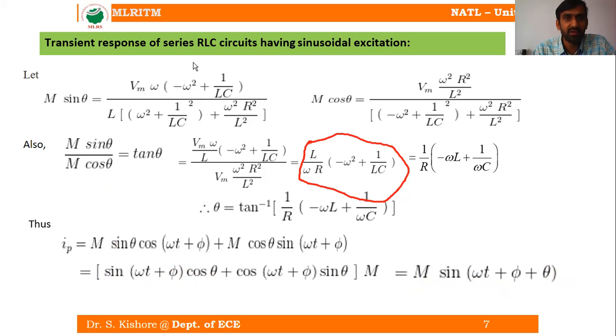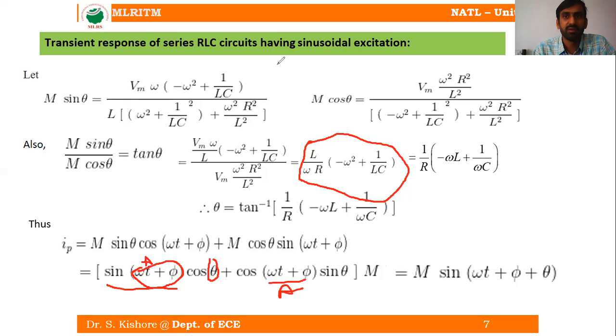So if we consider this as A, this is in the form of sin A cos B, with theta as B here, plus cos A sin B, taking m as common. So I can write sin of A plus B. What is A? Omega t plus phi. What is B?